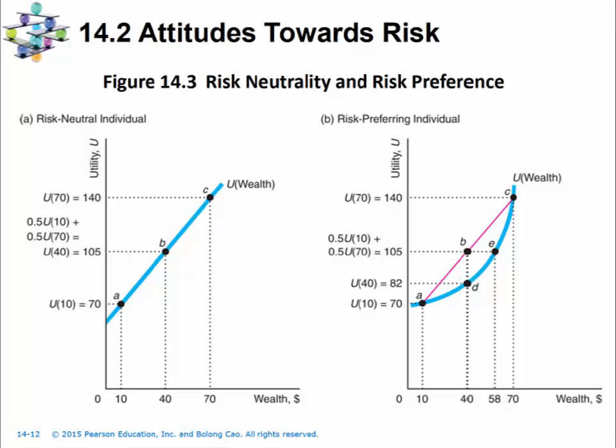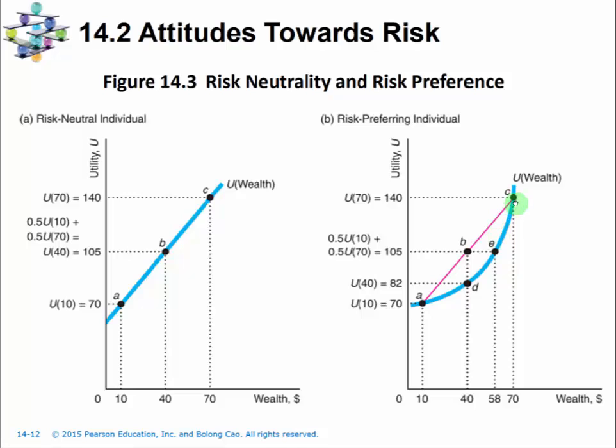You can really attribute this result to the fact that this decision maker, when facing this $70 outcome, puts an extremely high marginal value on it. And that's basically the property of the convex shape of the utility function.